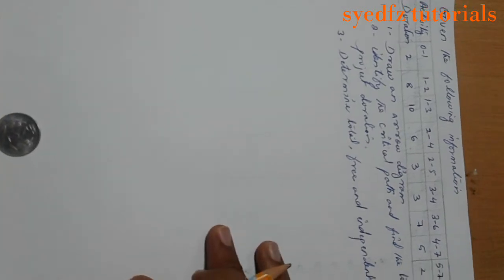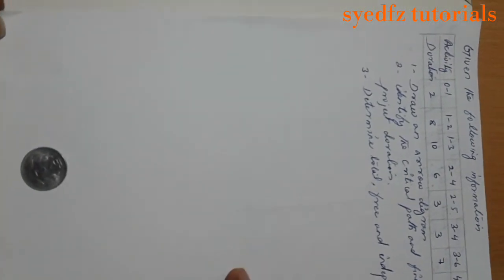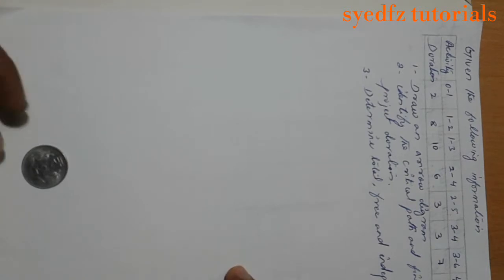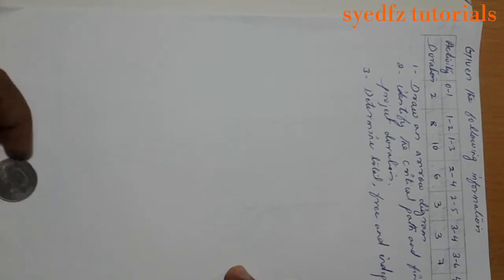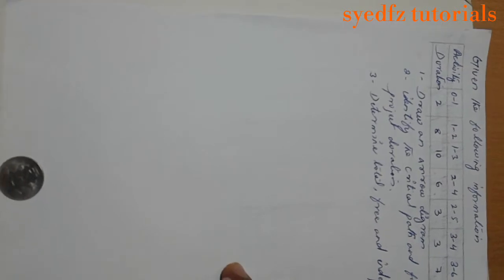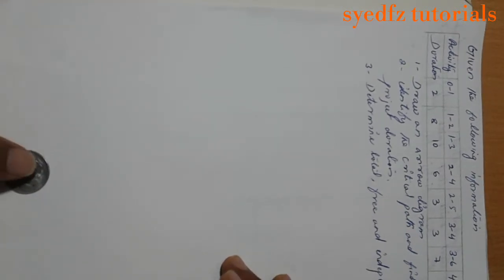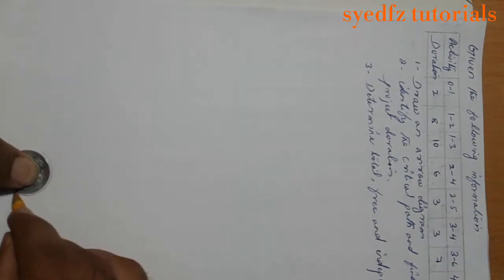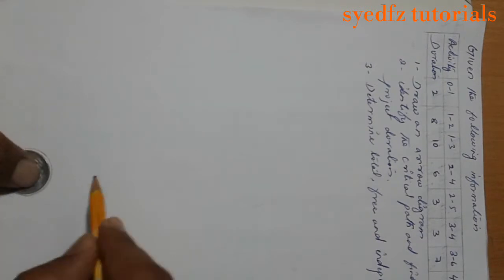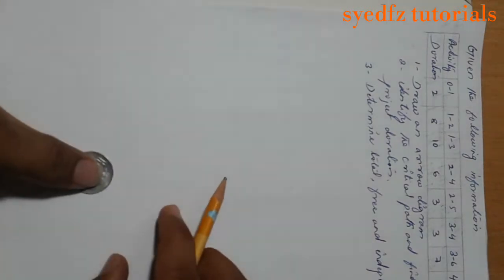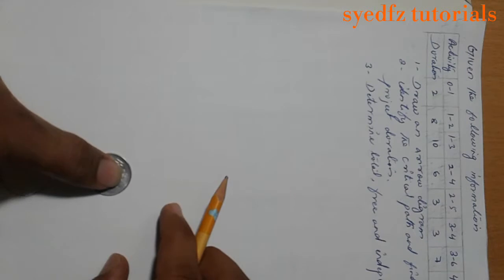First, I'm drawing the network. This is the way I'm drawing it clearly.